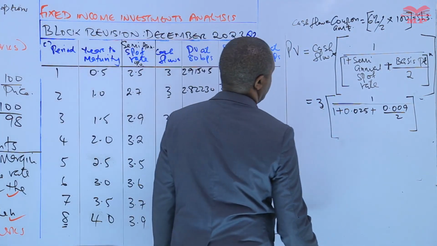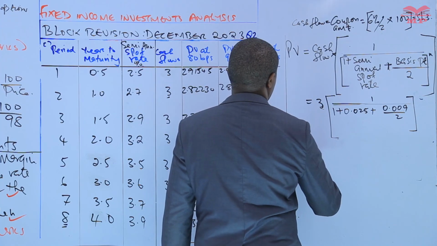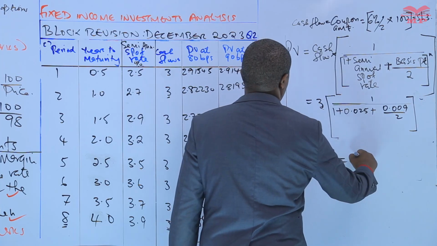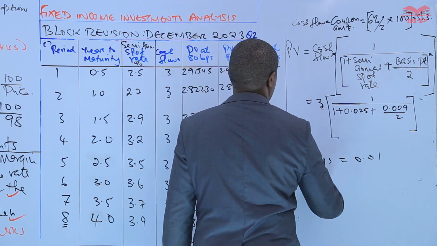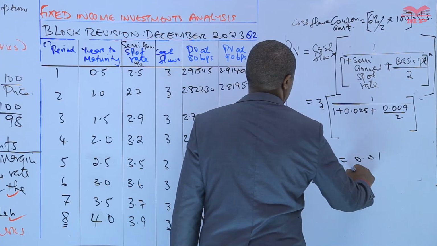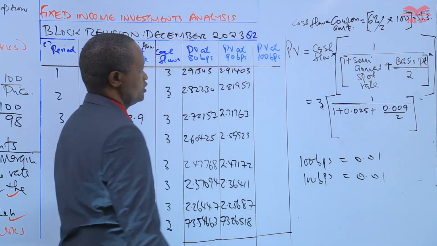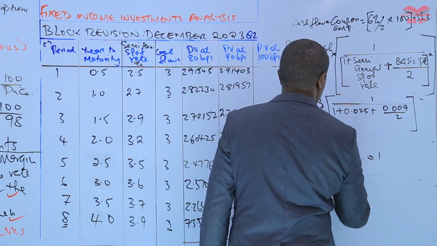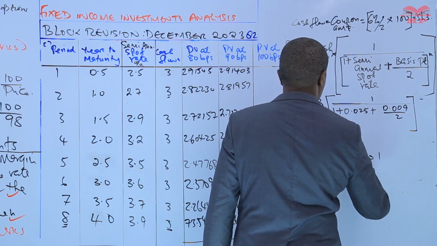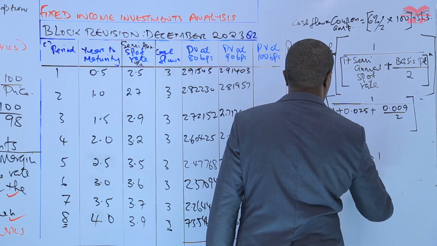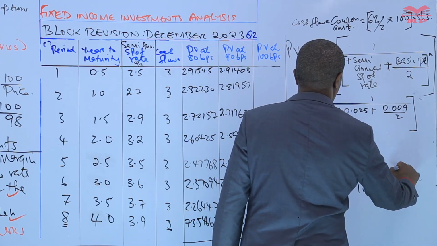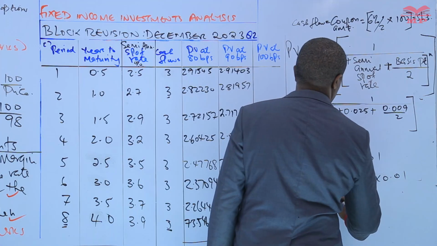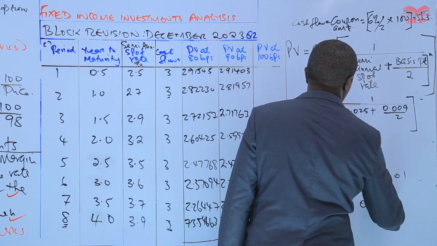The basis point, candidates: we know that 100 basis points is equivalent to 0.01. Therefore, 100 basis points will be equal to 100 over 100 times 0.01, which is equal to 0.01.